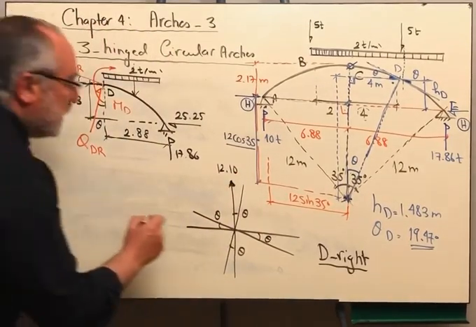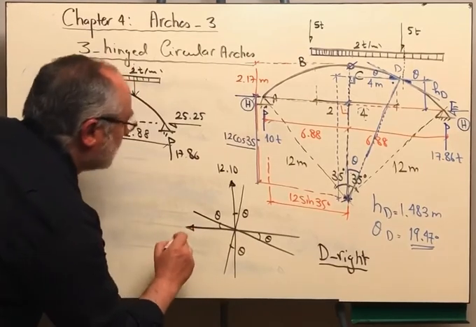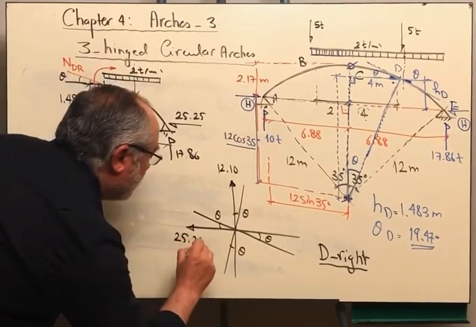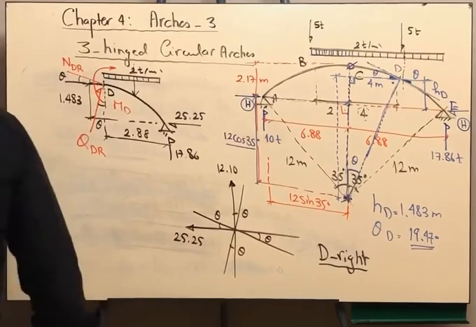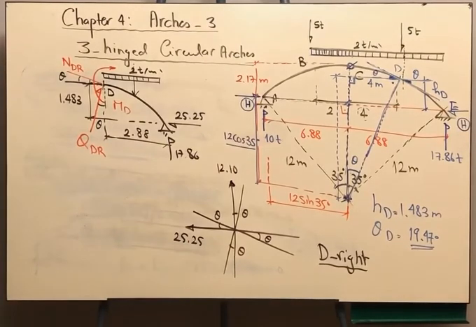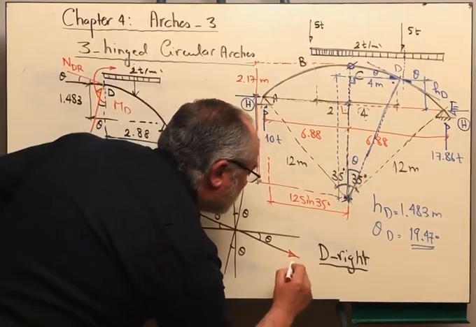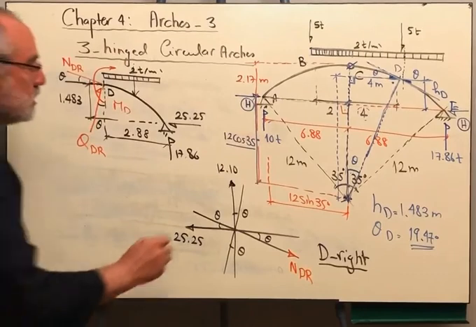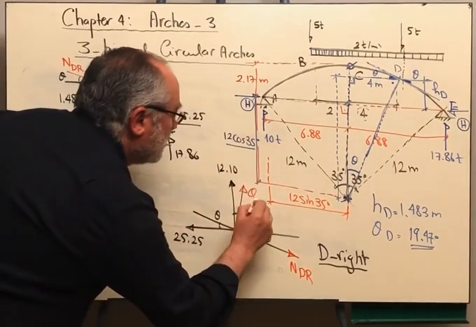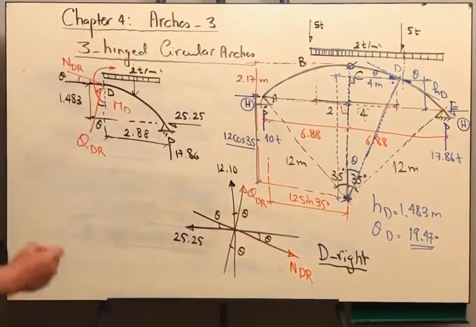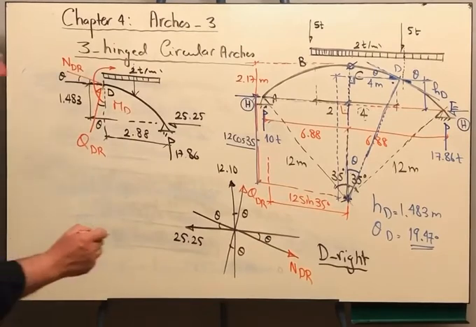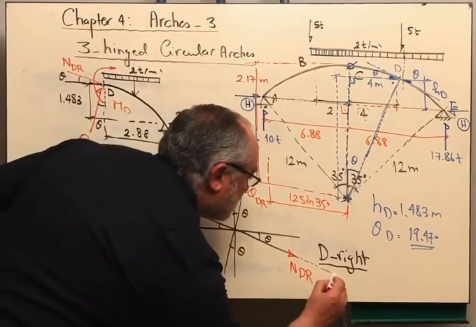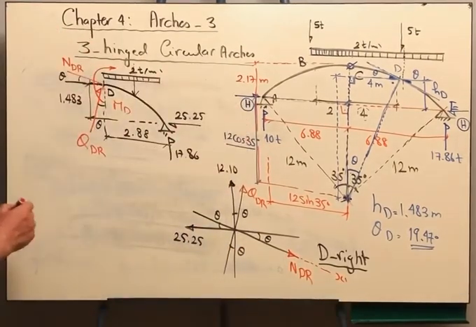In the horizontal direction, we don't have except the 25.25. Very good. Okay, the normal force, this will be the normal force, N D right, and the shear, this will be Q D right.